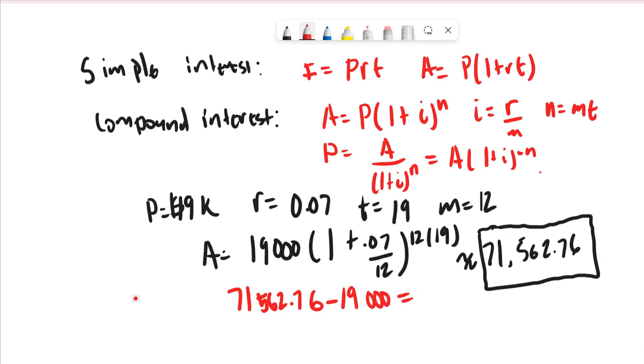And then that equals to like $52,562.76. So there's your answer in terms of, okay, well, what if I wanted to know the interest also that was earned?